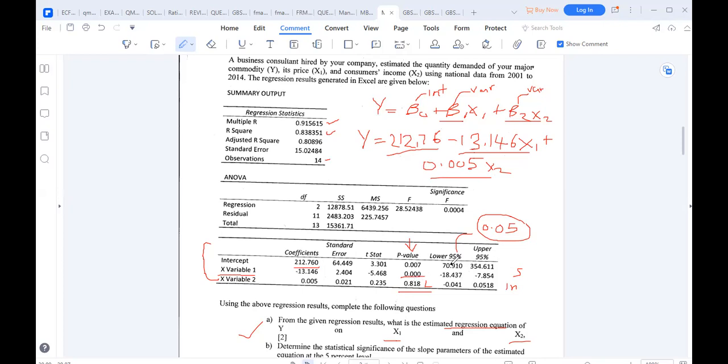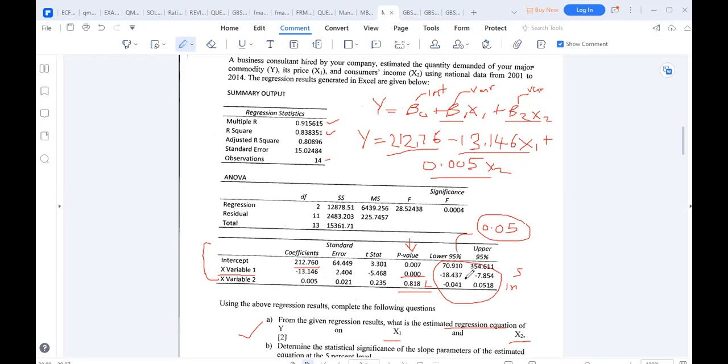The other way is to check the confidence interval. If you check the confidence interval, there's a lower and an upper bound. If these two have a 0 in between, then it's not significant.